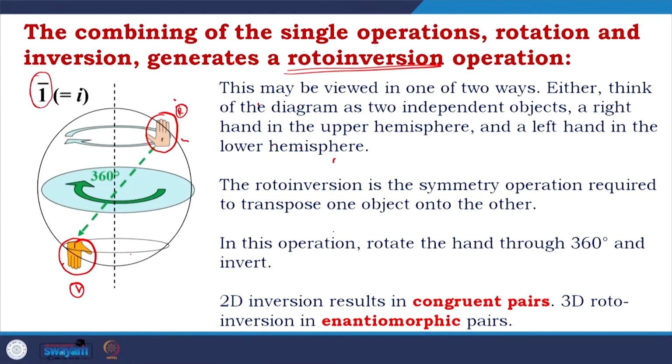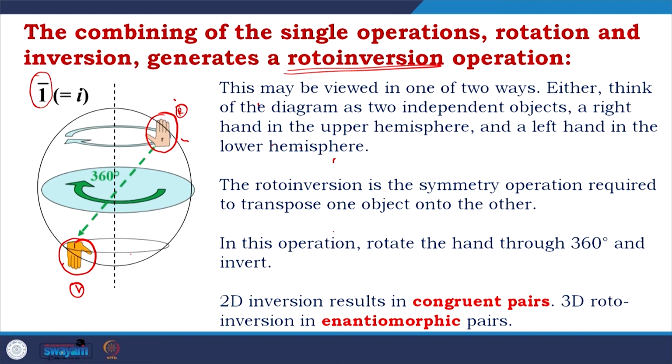You have this hand, then you do that 360 and then invert, you will see that it would be like this. 2D inversion results in congruent pairs, whereas 3D roto inversion in enantiomorphic pairs.